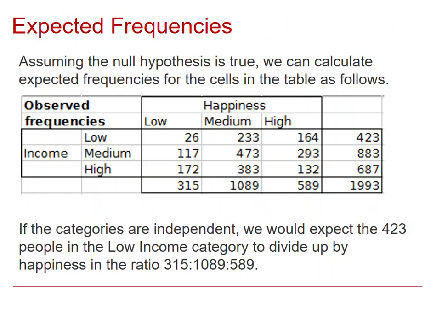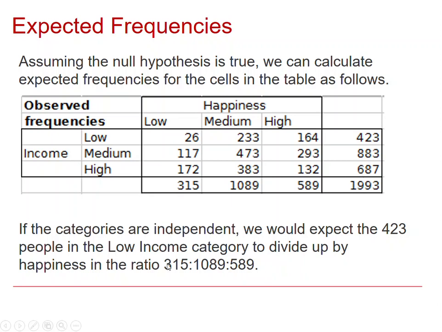So for example, the 423 people in the low income category should appear in the same proportions as the whole 1,993 people for each of these three happiness levels. So that is to say the 423 people in the low income category should be in the ratio 315, 1,089 and 589. And that should be true for the medium category and the high category as well.